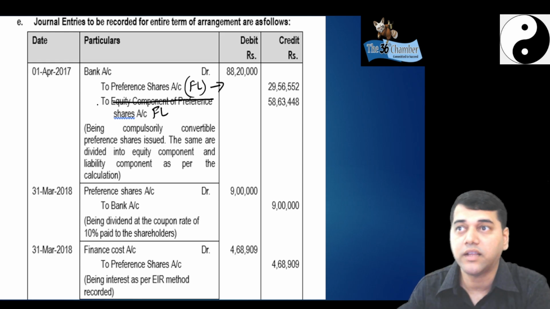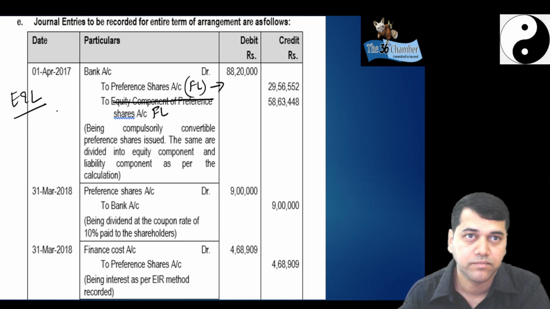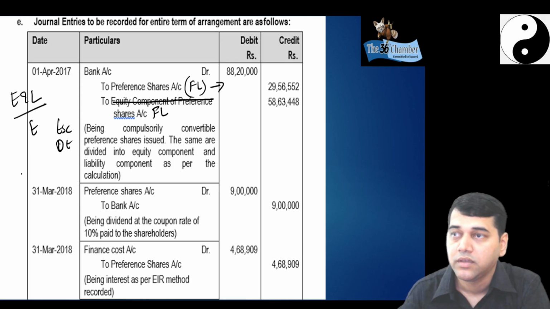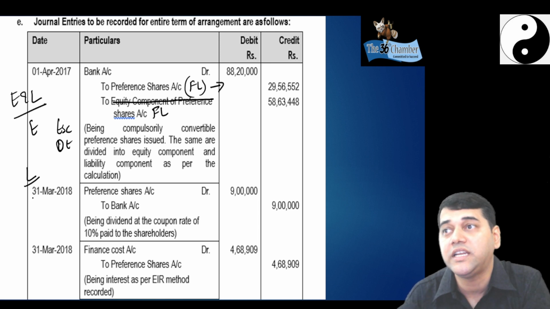Okay, there come some complications. See, I have equity and liability as heads. The second heading is equity. Under equity, I have equity share capital and other equity. Then I have liability. Under liability, do you remember what the first heading is?